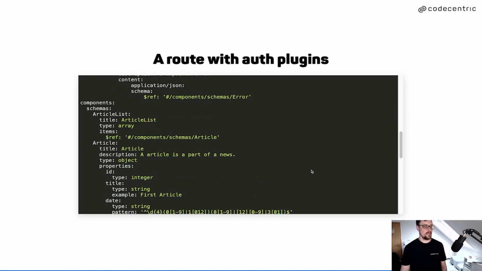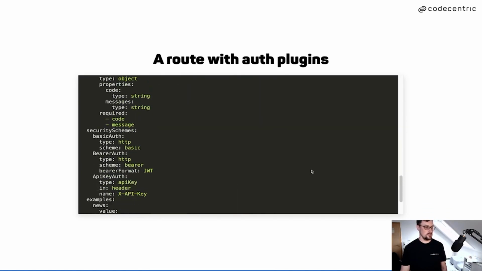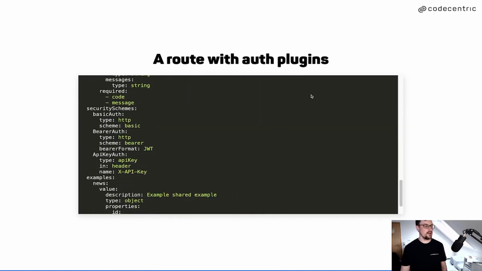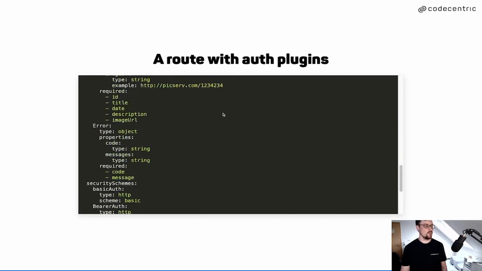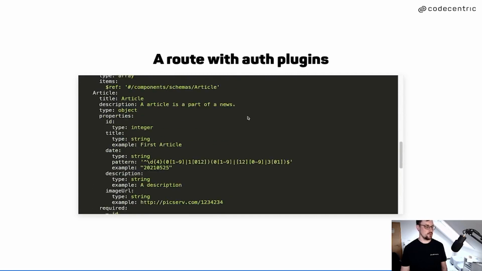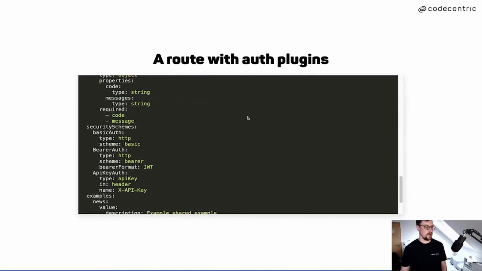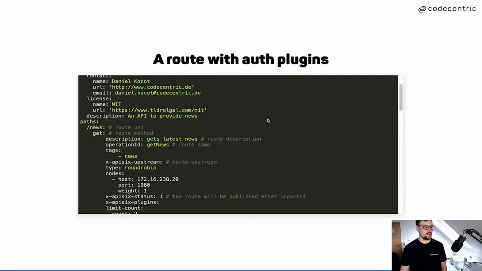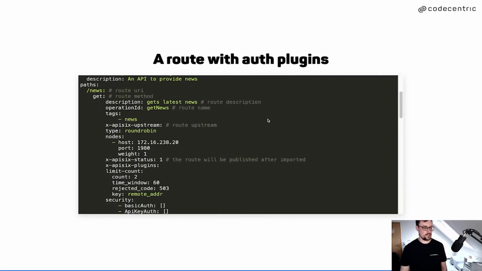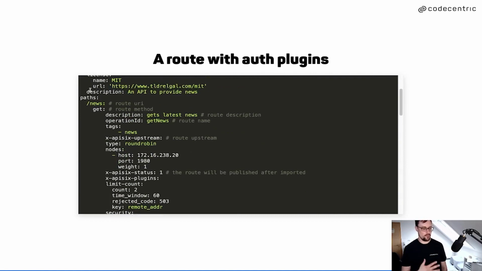And what we do now is that we just declare what is needed within the component schemas and say, okay, this is our security schemes. And we make sure that the information now exists under the route, or the path, in which case we are actually looking at it.